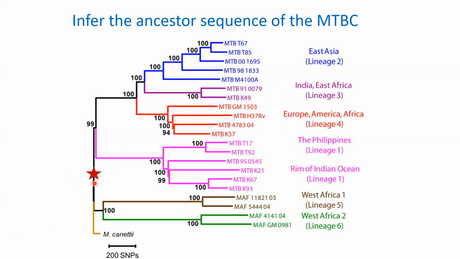That node is a putative ancestor of all known MTBC lineages. Putative, because we cannot really know what that ancestor looked like. It lived many thousands of years ago. However, we can try to infer the sequence of that genome, and that is called ancestral reconstruction.